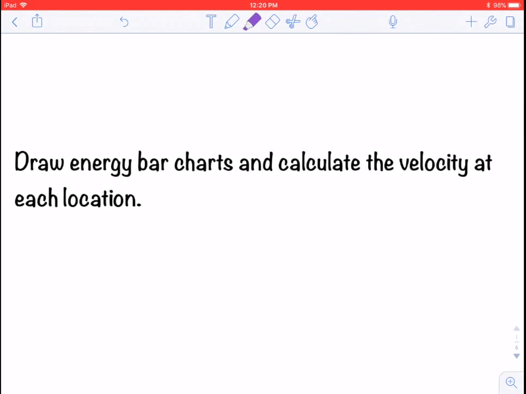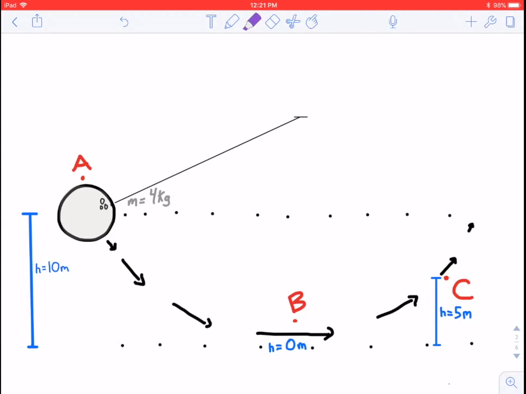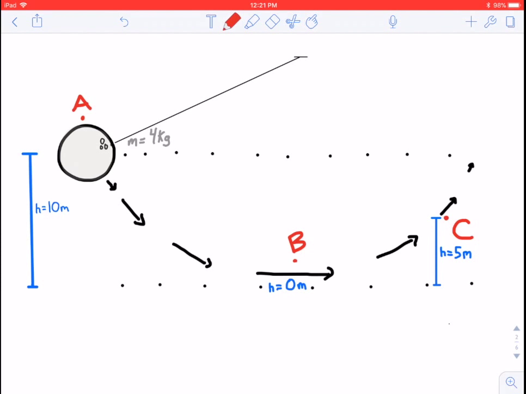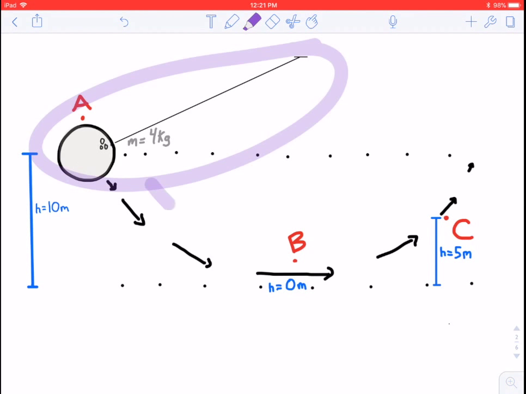Alright, for today's lesson, we're going to draw energy bar charts and calculate the velocity at each location for a scenario. The scenario is a bowling ball swinging like a pendulum from left to right. That bowling ball has different types of energy at each location.